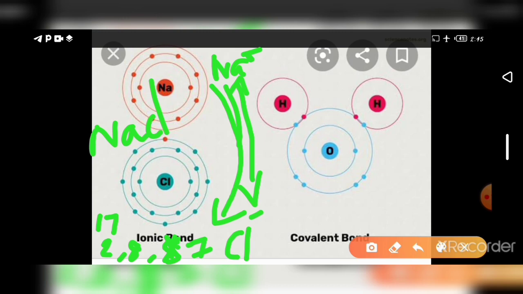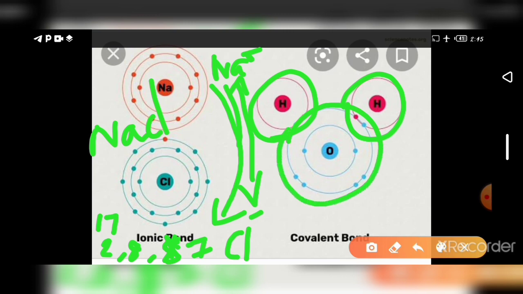The first shell contains 2 electrons, the second shell contains 6 electrons. So it wants 2 more electrons. One is shared with one hydrogen and another 1 electron is shared with the other hydrogen. So see here, the outer shell of oxygen will have 8 electrons and each hydrogen will have 2 electrons.